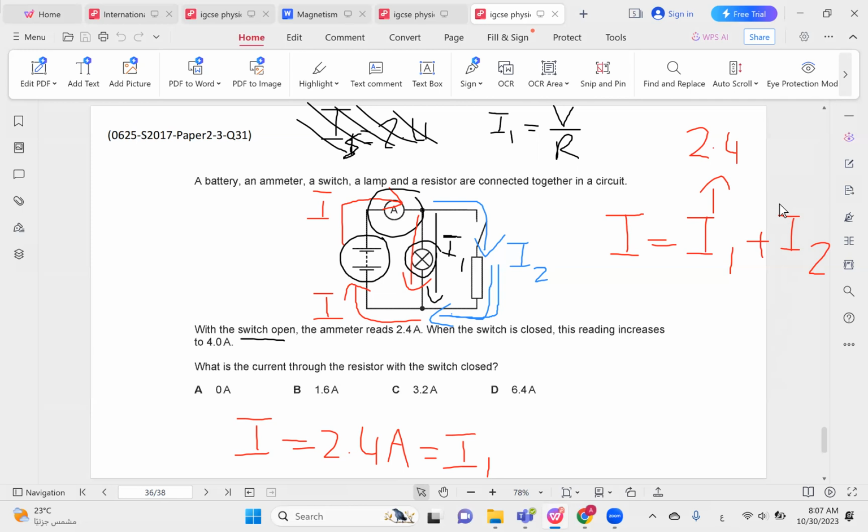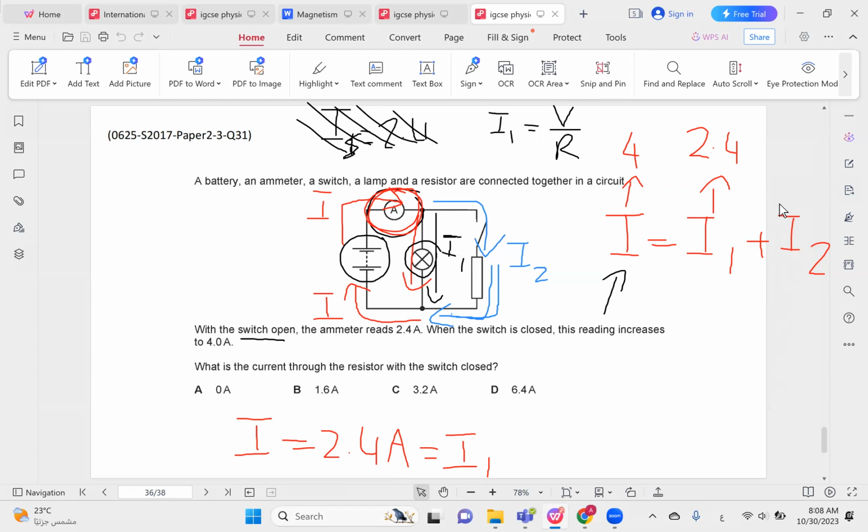But I, of course, now is going to change because it is now equal to I1 plus I2. And that's what they said. They said the reading increases to 4. So the new I, the total I, because the ammeter here is placed in a part of the circuit that reads the total current. So the total current is now 4.